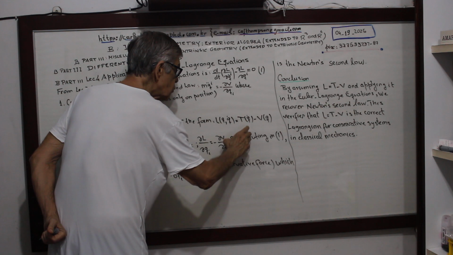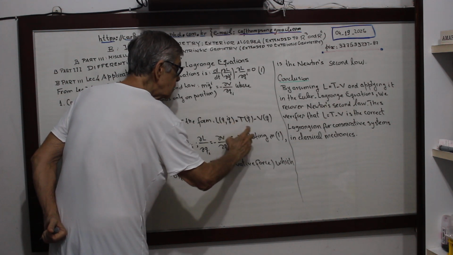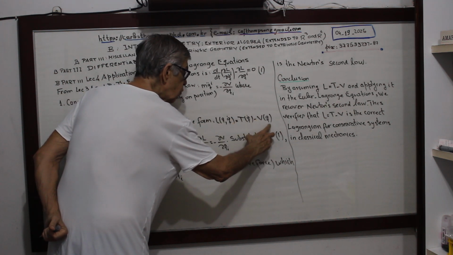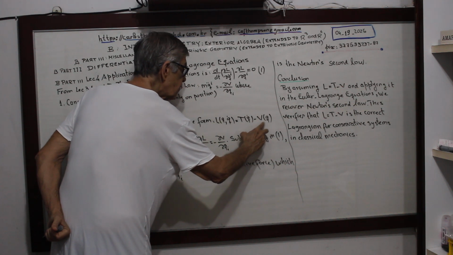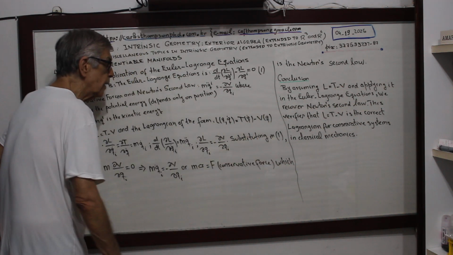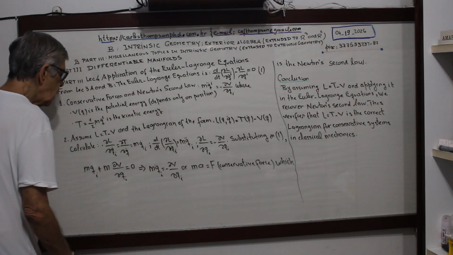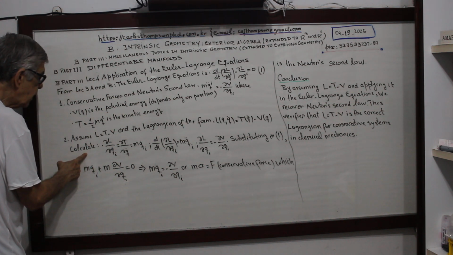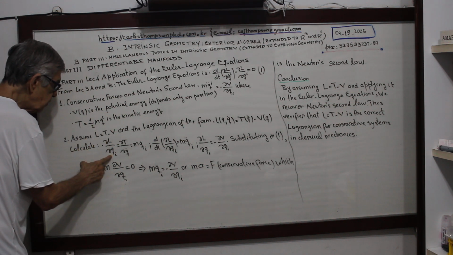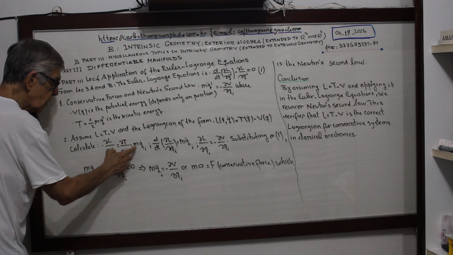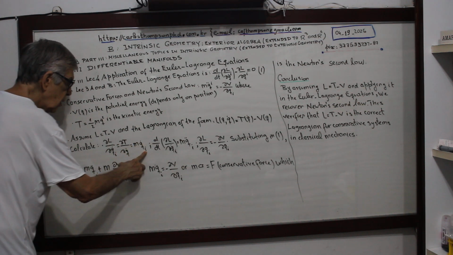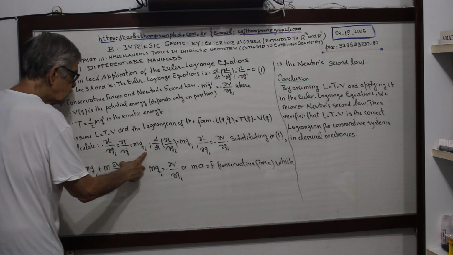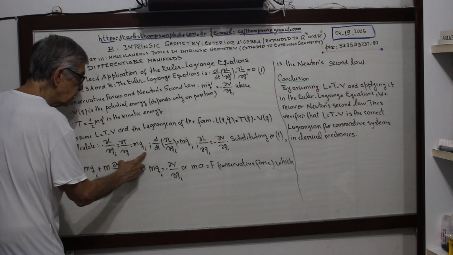T here is a function only of the velocity, and the conservative force is a function only of the coordinate. Now, calculate this partial derivative over here, partial L with respect to Q point i, which is just m Q point i. You see, this is the i component.